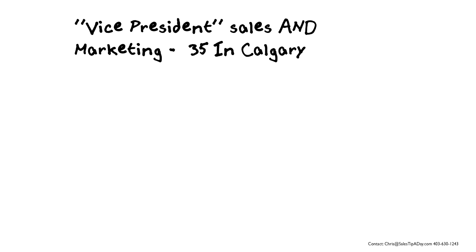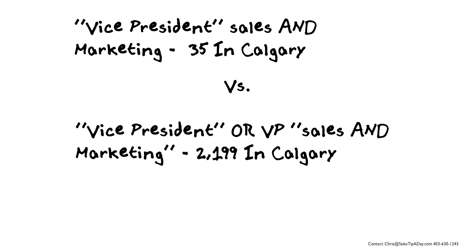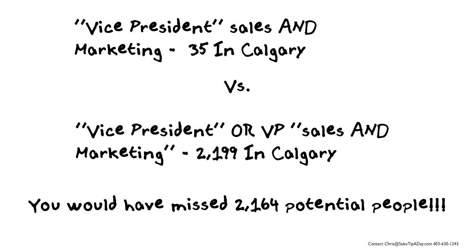When I put vice president in quotations OR VP, sales and marketing, almost 2,200 came back. So I would have missed out on potentially 2,164 opportunities to be going after on LinkedIn. This completely broadens the results that come back for you.